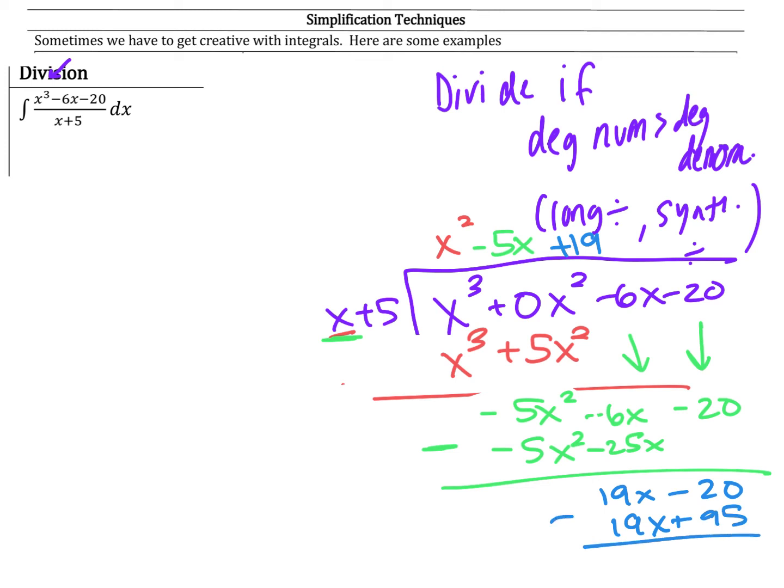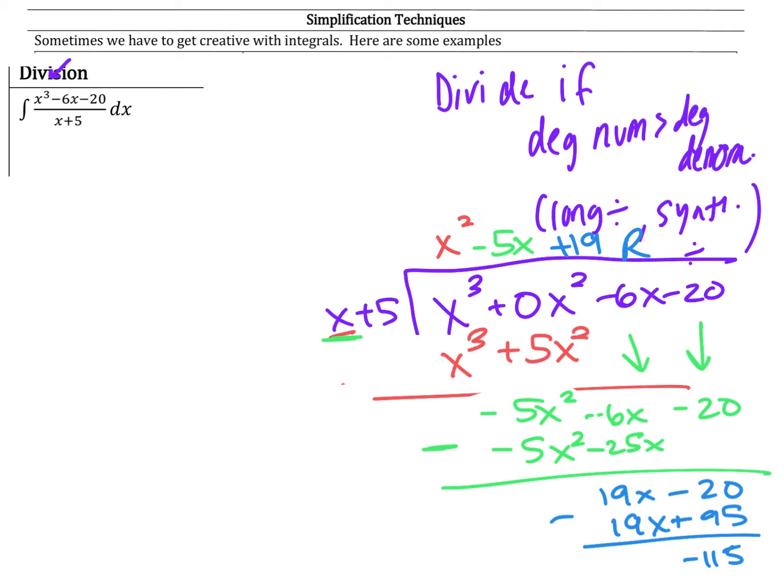And then I'm going to subtract here. 19x minus 19x is 0. Negative 20 minus 95 is negative 115. Now, when you were first learning how to divide back in elementary school, if something didn't divide evenly, what you usually did was write an R and say there was a remainder of something.